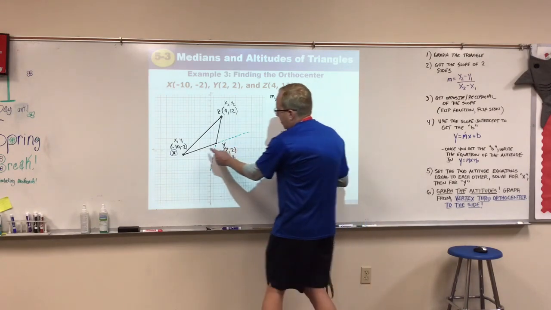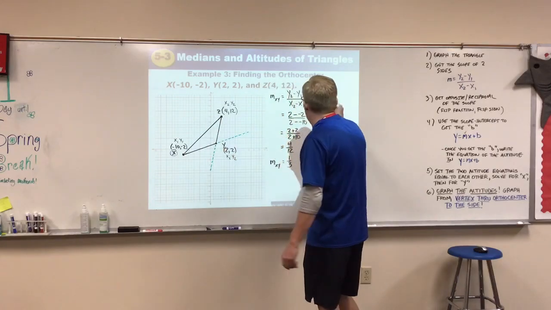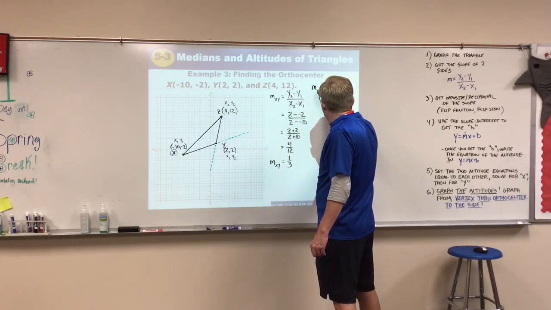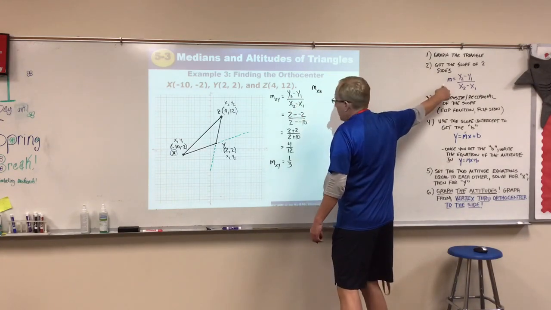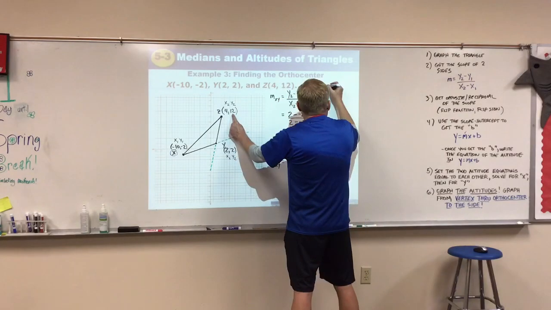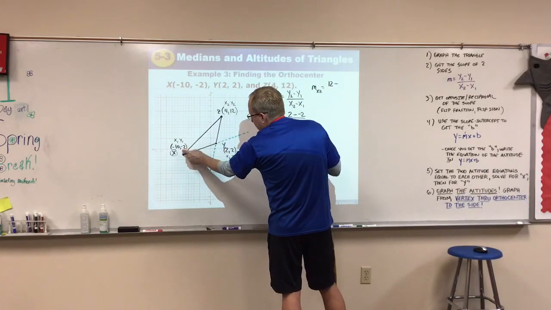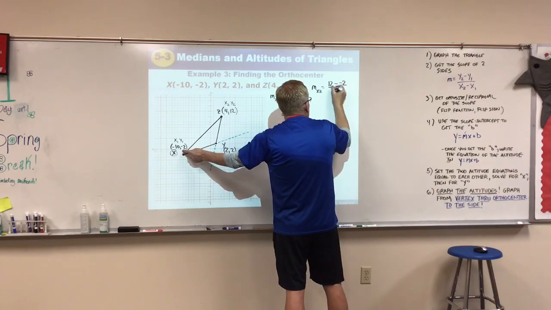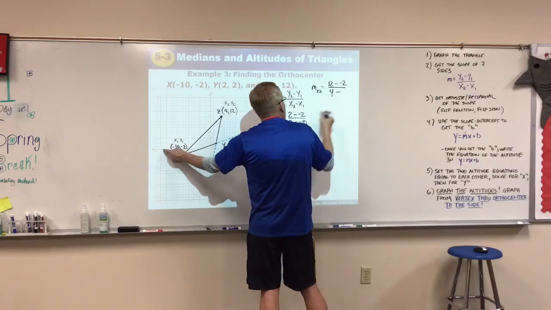Now I'm going to get the slope of xz. So again, I'm going to do the slope of xz using y2 minus y1 over x2 minus x1. And so here we go. Y2 is 12, so this is going to be 12 minus negative 2. Again, not 12 minus 2, 12 minus negative 2. All over x2, which is 4 minus negative 10.